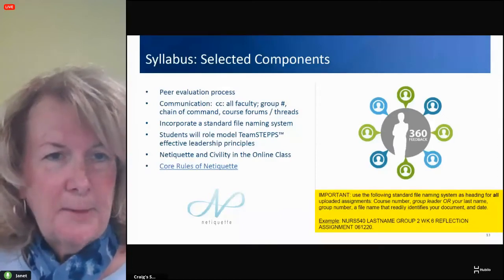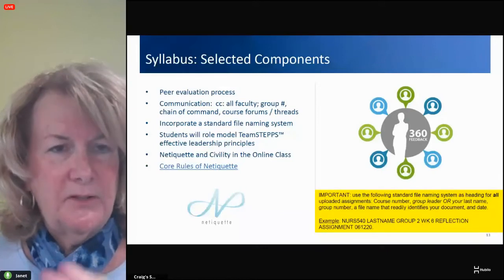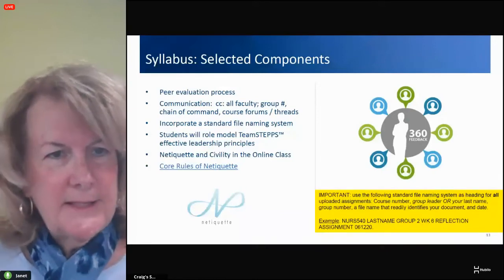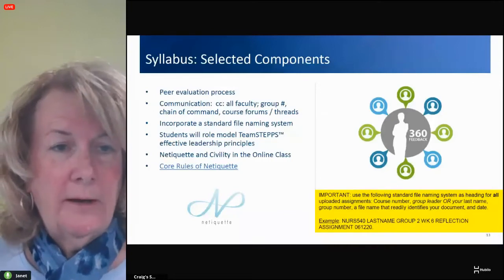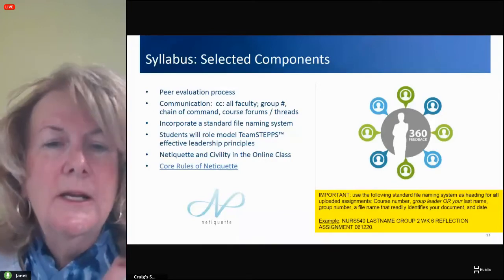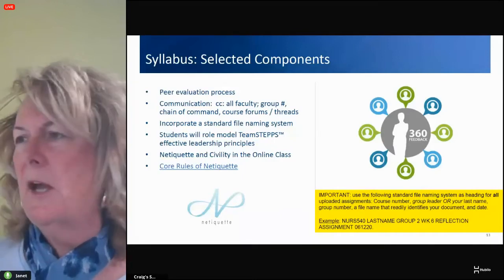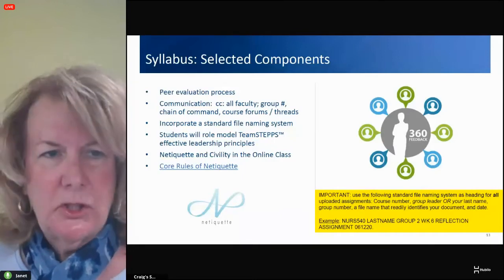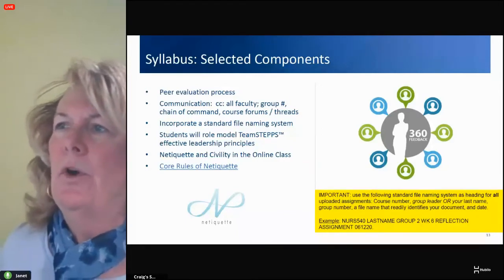Sometimes pages get separated. If I'm in my office and I want to print something to read it and grade it, scan it and send it back, sometimes the pages get separated and I don't know whose is whose. So this is a standard thing that I do that really saves me time and again, by asking students to put this header at the top of their assigned work.